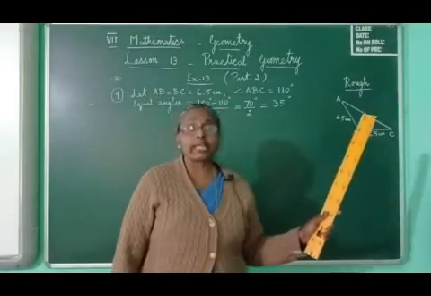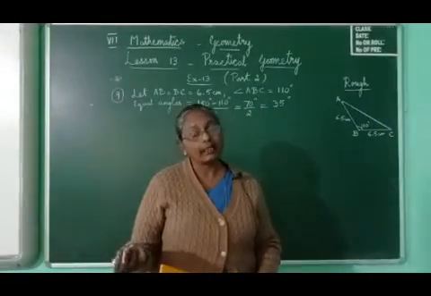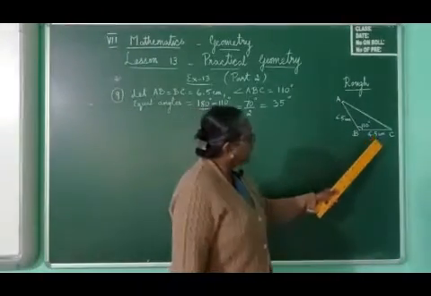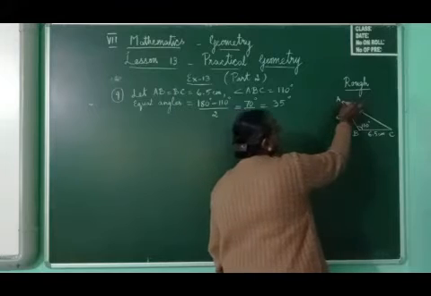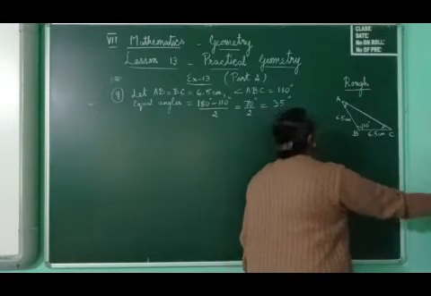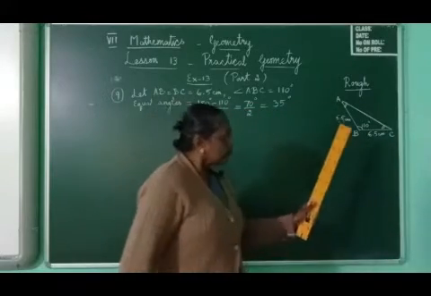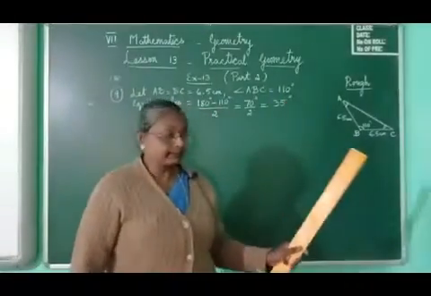In an isosceles triangle, the angles opposite the equal sides are also equal. So angle A and angle C will be equal angles.